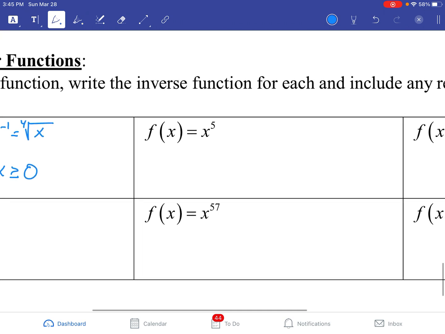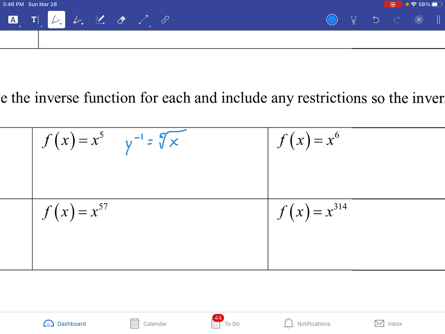Okay. For odd degree functions, like we just did with the cubic function, you don't have to restrict the domain. So our inverse is going to be the fifth root of x. Okay, because if we switch the x and the y's, we just have the fifth root to get rid of the fifth power, and there are no domain restrictions.